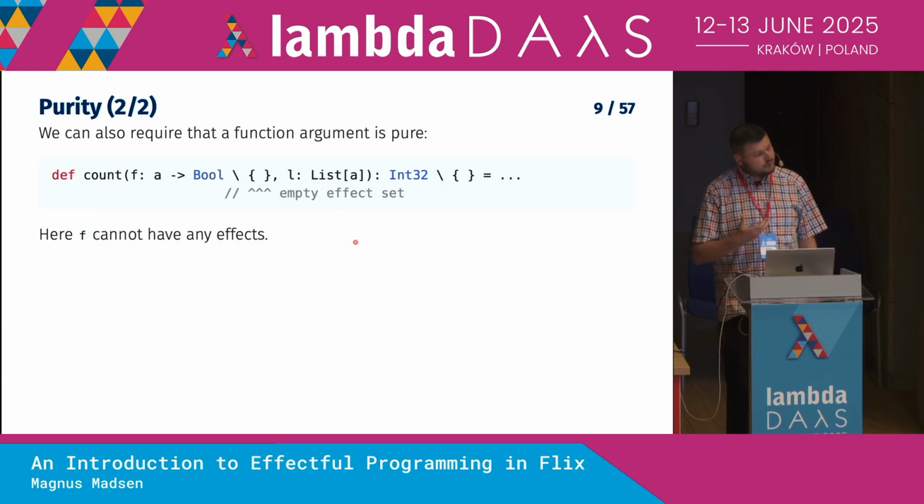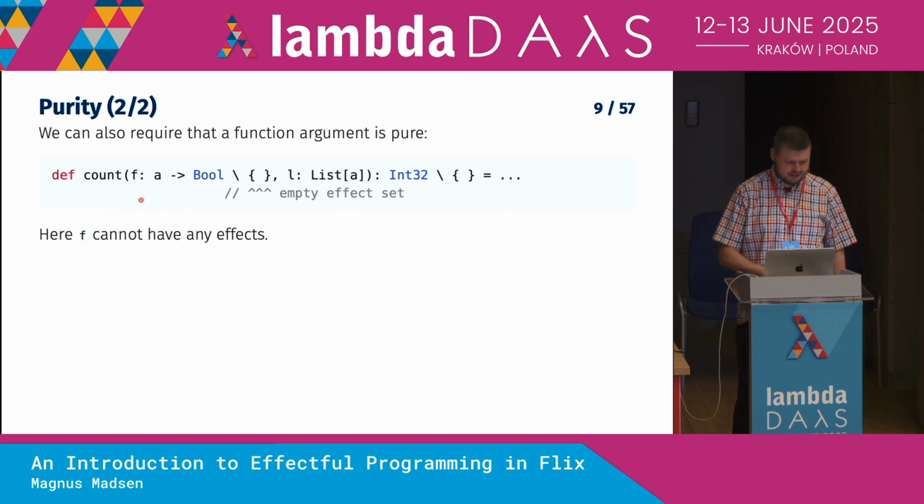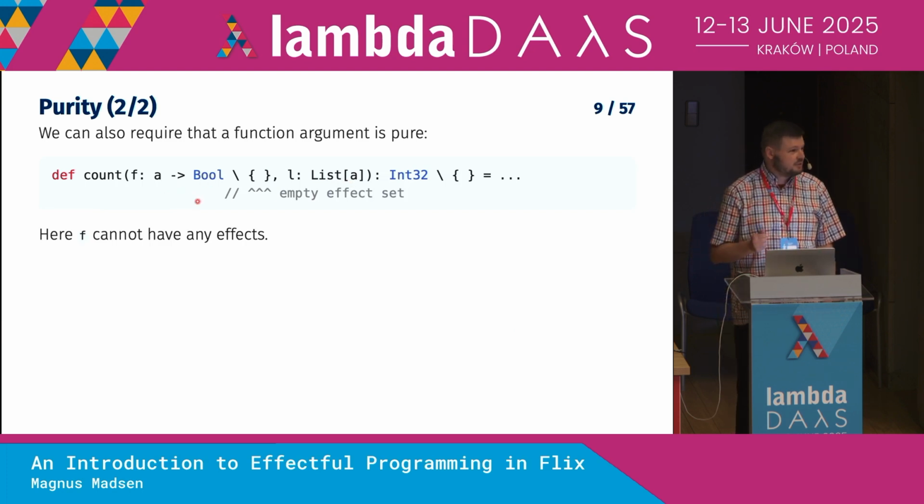We can also enforce this requirement when we are writing a higher order function. For example, if we have a count function, supposed to count how many elements in a list satisfy some predicate. Maybe we have a list of students, and you want to count how many students pass. Then we can write a signature where we require that the predicate has no effects. Now, why would we want to do this?